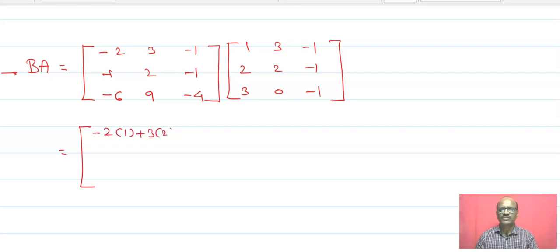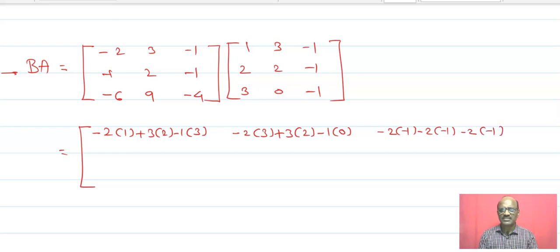minus 2, first row, first column, first row, second column, and first row, third column of the second matrix. Multiplication is. Now, second row of the first matrix will multiply first column of the second matrix.